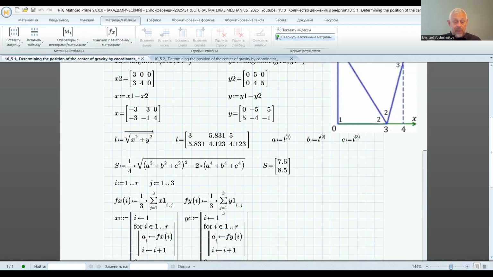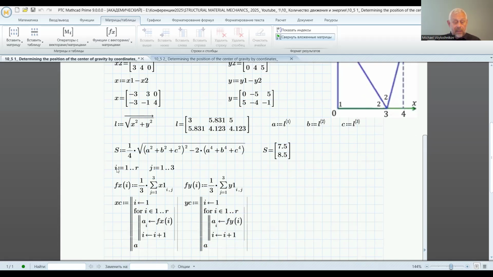And after that, we assign the cycle from 1 to R, and to do that repeated operation we define the location of the abscissas and ordinates of the centers of the area of each of the triangles.